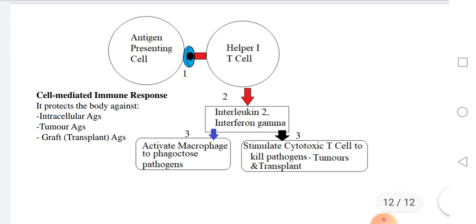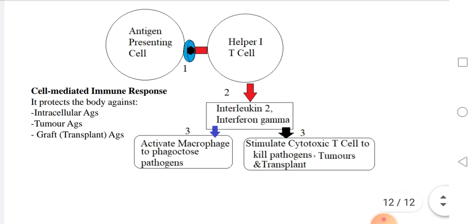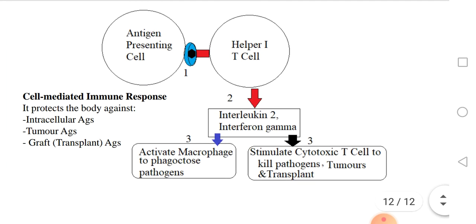Now we come to the cell-mediated immunity or cell-mediated immune response. Its function is to protect the body against intracellular antigens. These antigens may be pathogens like bacteria, viruses, and so on, tumors, which are abnormal growth or neoplasm.